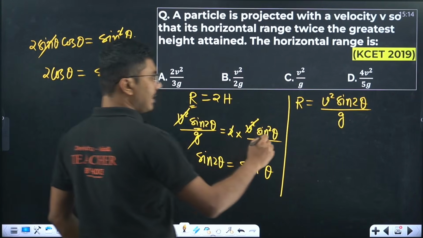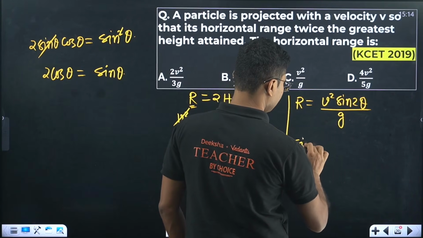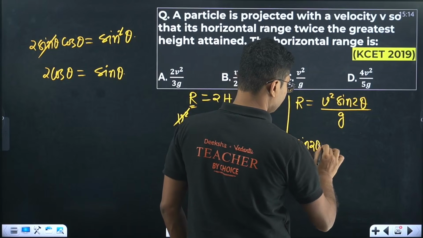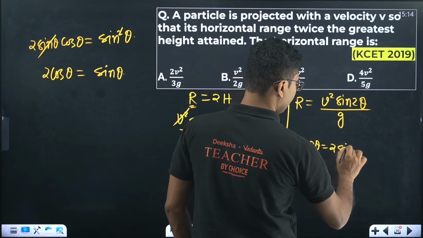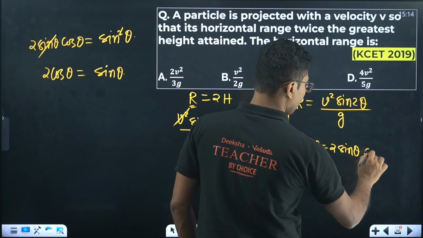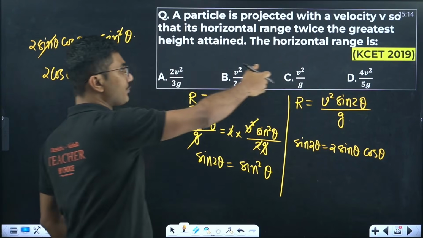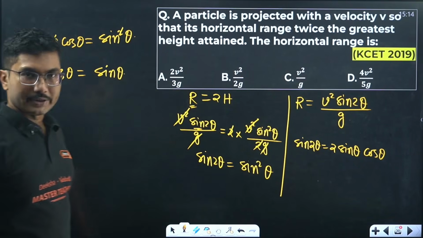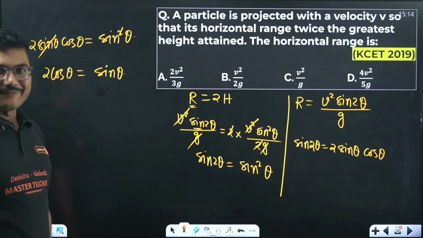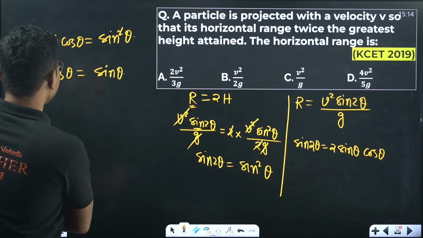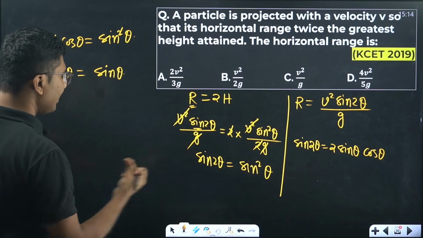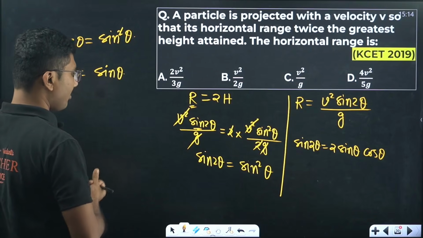Sine 2 theta is 2 sine theta cos theta. If you see the options, the answer is independent of theta, so we have to figure out the values of sine theta and cos theta. That is the major portion of this problem.